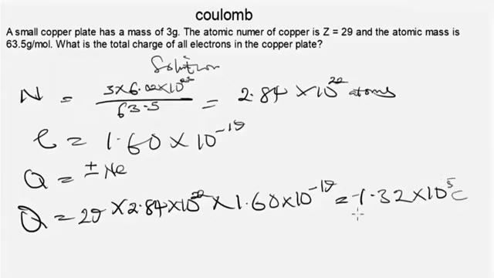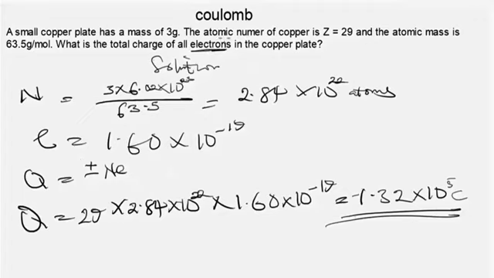Now notice that I added a minus sign here. The reason for this minus sign is because the question says what is the total charge of all electrons in the copper plate? Now recall that from our equation, we have Q to be plus or minus Ne. For protons, we use plus. For electrons, we use minus.